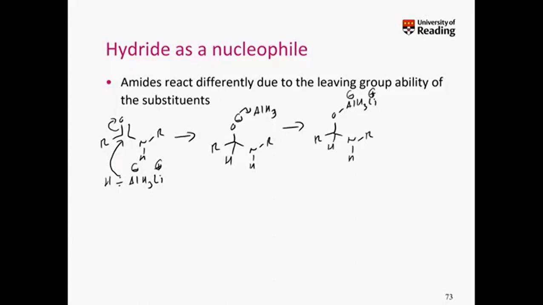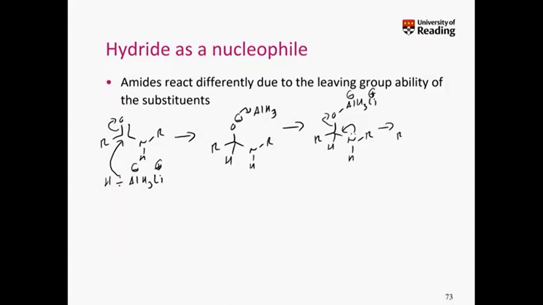And then at this point, the nitrogen can reform a carbon-nitrogen double bond, so a kind of imine, and we can have this leave.